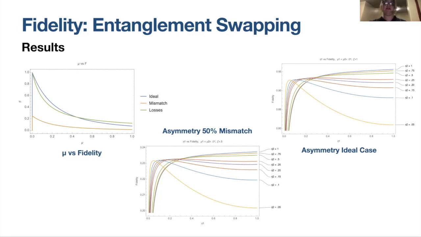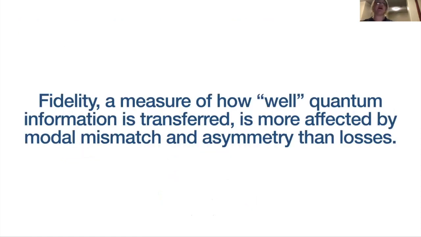And this means that when you have two different losses in the two different arms, there's a high asymmetry and your fidelity actually drops. So fidelity, a measure of how well quantum information is transferred, is more affected by modal mismatch and asymmetry than it is by losses, which tracks with what we have from the HOM visibility case.